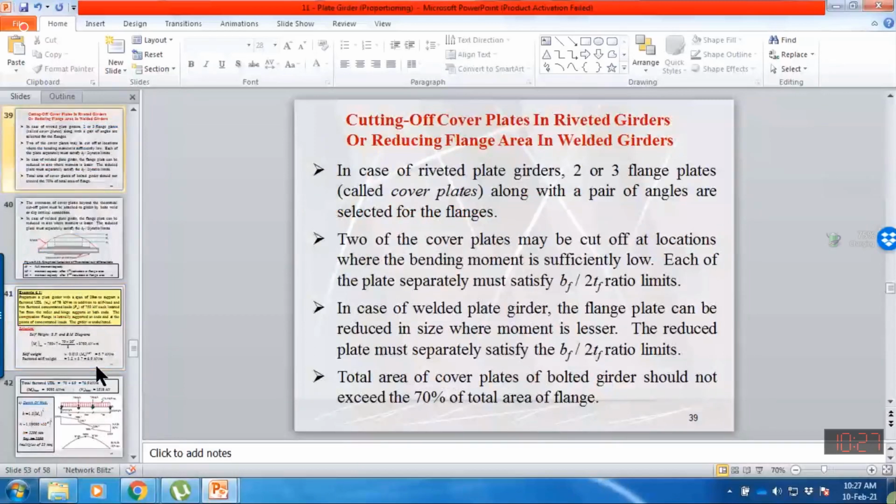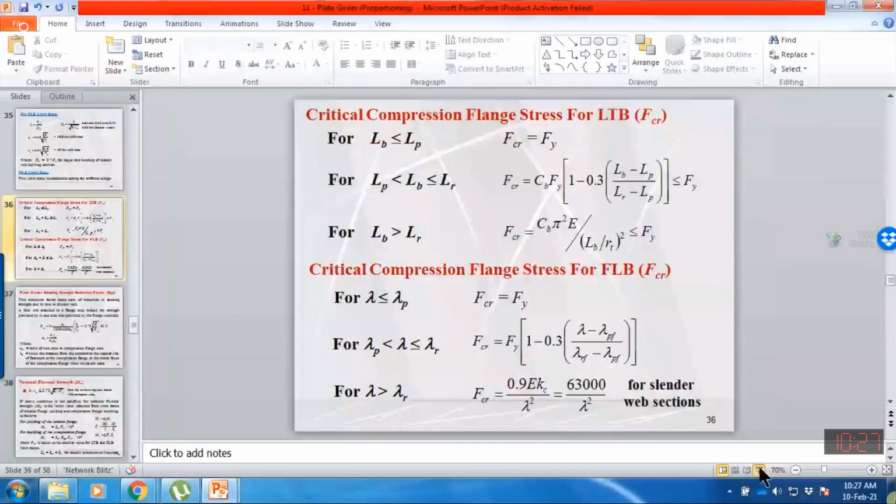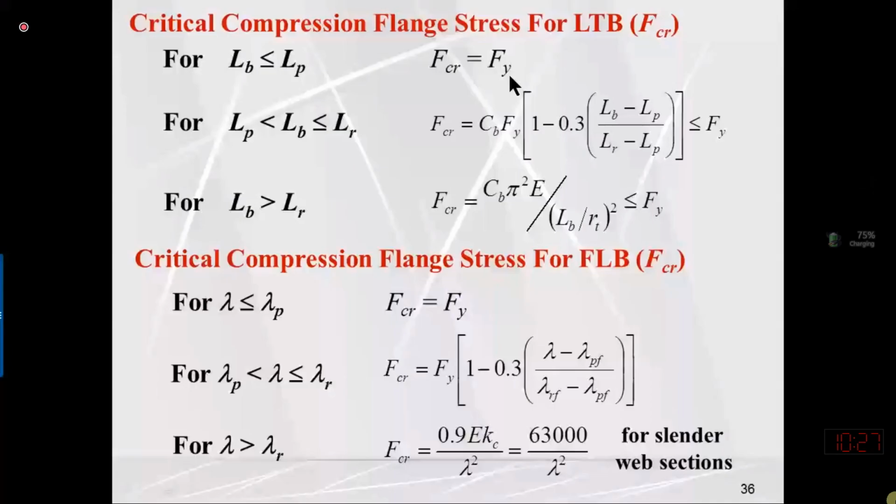We need to determine one FCR value based upon lateral torsion buckling and one FCR value based upon flange local buckling. The lesser value out of these two cases will be our desired value. Based upon lateral torsion buckling, we need to use one of these expressions.